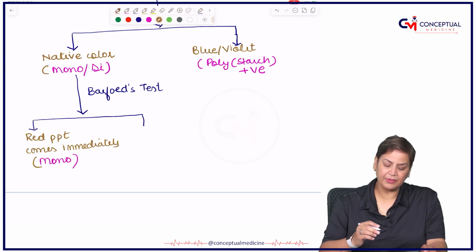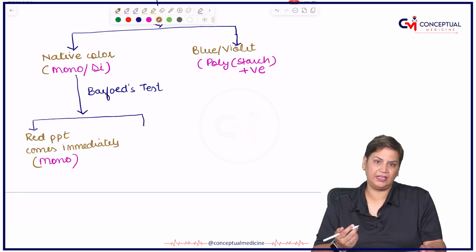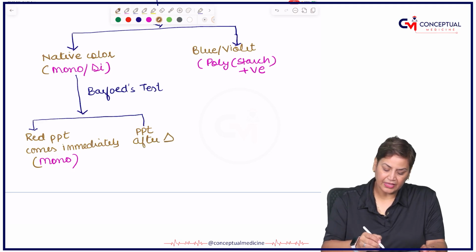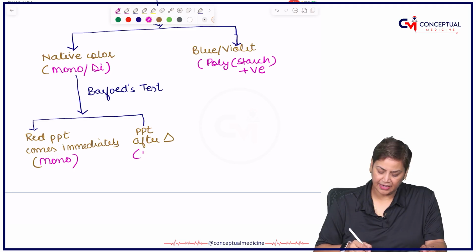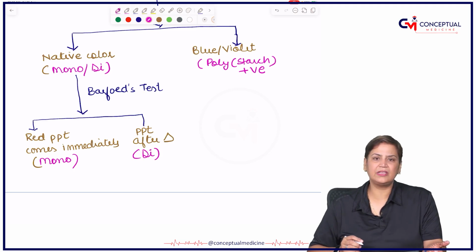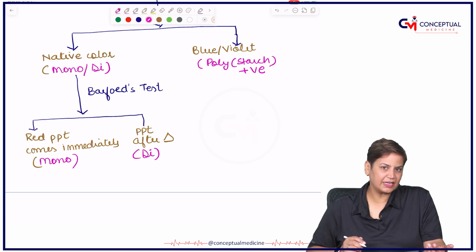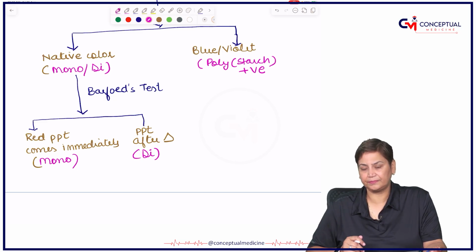And if the precipitate comes after heating or after some time, then it is a disaccharide. Because when we heat the solution, the bonds will be broken and disaccharides will be converted to monosaccharides, which will react with the Barfoed's reagent.